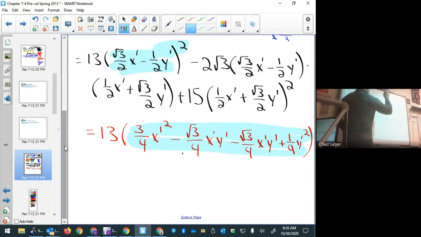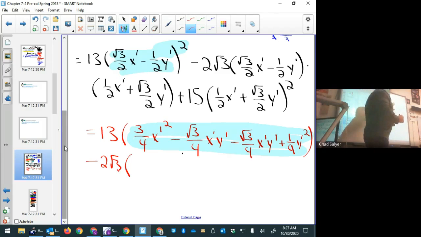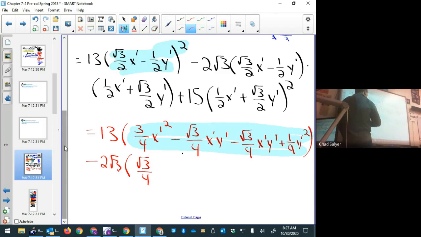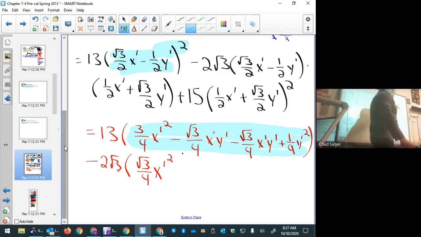All right, so minus, and then this times this. We're going to FOIL again, but I've got this 2 on the square root of 3 that's going to be multiplied by whatever this FOIL works out to be, so I can't forget about him. First times first, so that's square root of 3 over 2 times 1/2, which is radical 3 over 4, and then x prime squared. And that's first times first. Now outer times outer.